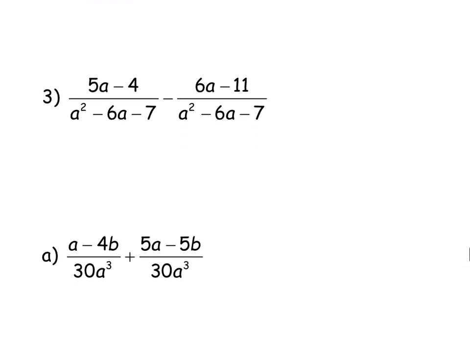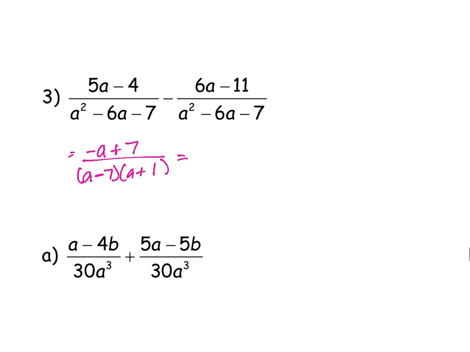Okay, and then the last one, number 3, the last one I'm going to do before your turn. Subtract sign, denominators are the same. So I'm going to get, let's see, let's start over here. 5 minus 6a is negative a, and negative 4 minus a minus 11 is plus 7. And then I'm going to factor the bottom. So a and a, 7 and 1, and I need a negative 6, so that's negative 7, positive 1.